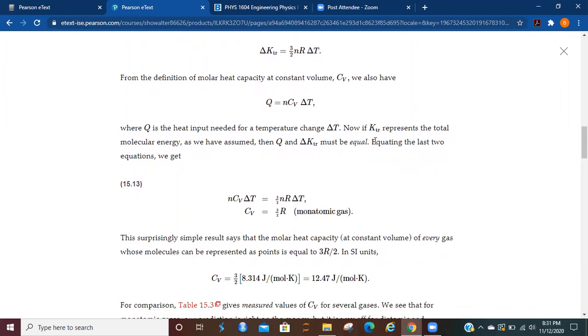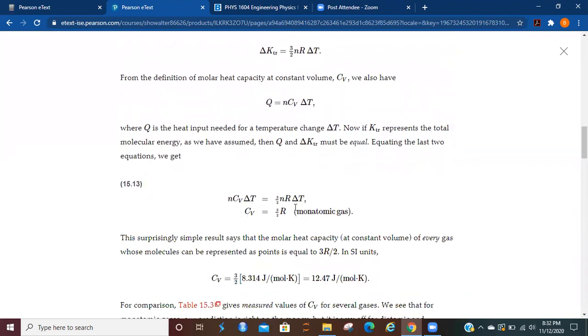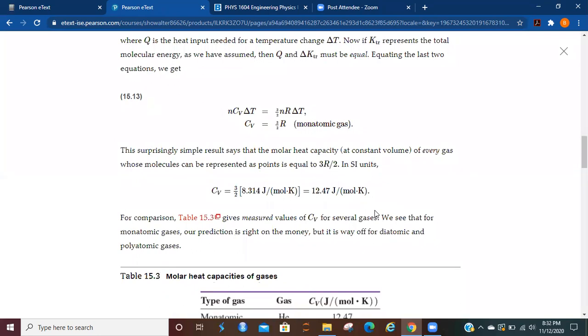So if the translational kinetic energy represents the total molecular energy, as we have assumed, then the heat and the change in the translational kinetic energy must be equal. So you set this equal to this, and that's where that equation comes from. And that is the molar heat capacity of every gas whose molecules can be represented as points.